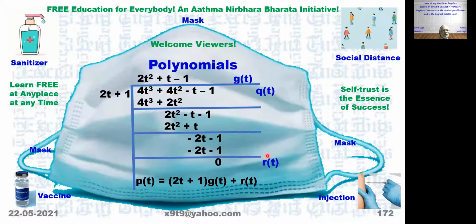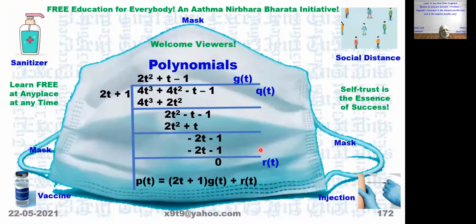Now, the remainder theorem is P(t) is equal to (2t plus 1) into g(t) plus r(t), and this r(t) is 0. Once r(t) is 0, that only means that this P(t), which is the dividend, is equal to the divisor 2t plus 1 multiplied by the quotient, which is represented in this problem as g(t), equal to 2t square plus t minus 1.